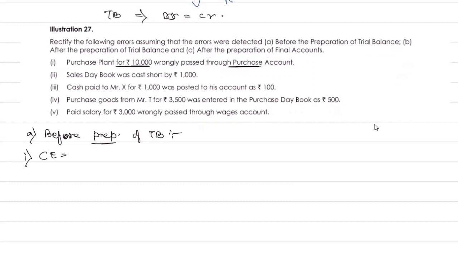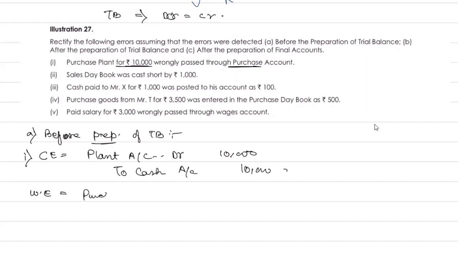Purchase of plant for 10,000: plant account debit to cash account, 10,000. What is the wrong entry we did? We passed it through the purchase account.